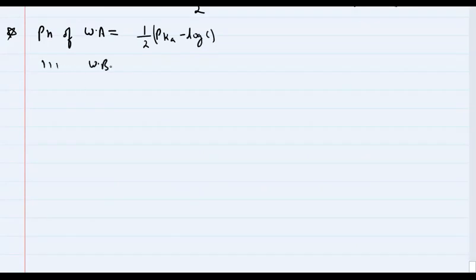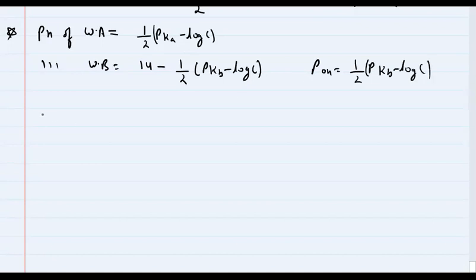pH of weak base is equal to what? Tell me. 14, because pOH was this. So it is 14 minus half pKb minus log C. Because pOH was half pKb minus log C. Then this is 1, this is 2, 3. pH of salt of weak acid and strong base.